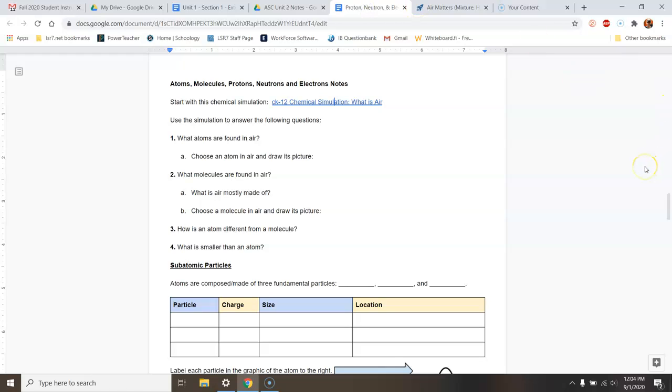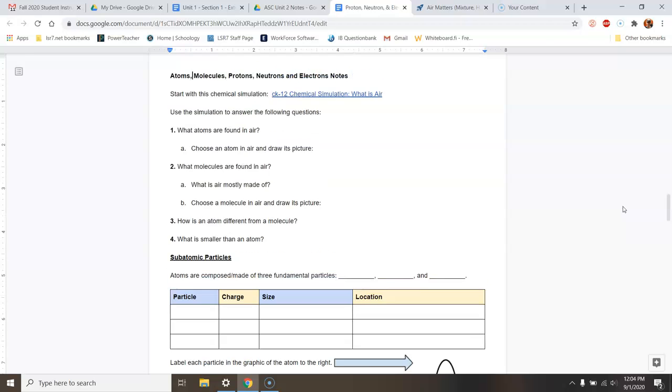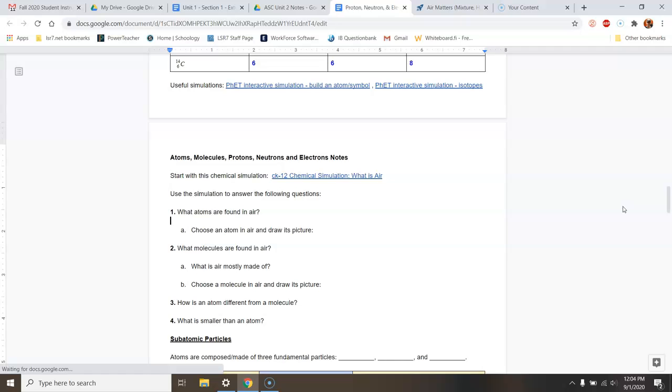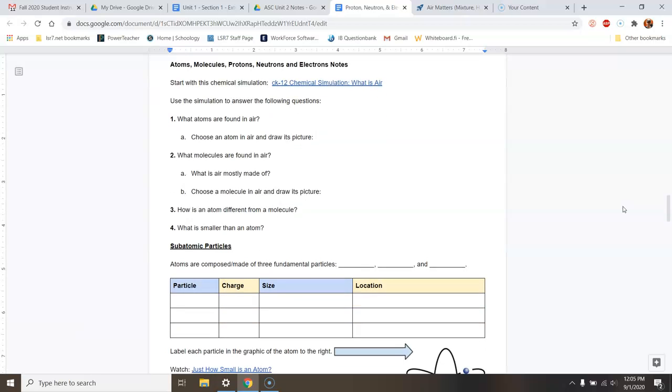Okay, let's dive a little bit into some actual notes here. Now, once again, this is something that I'm hoping you have made a copy of to fill out, but if you didn't have a printer available, you could always use notebook paper, and I would encourage you to have a notebook where you're continuously writing in the notes so that you would keep that organized for this class.